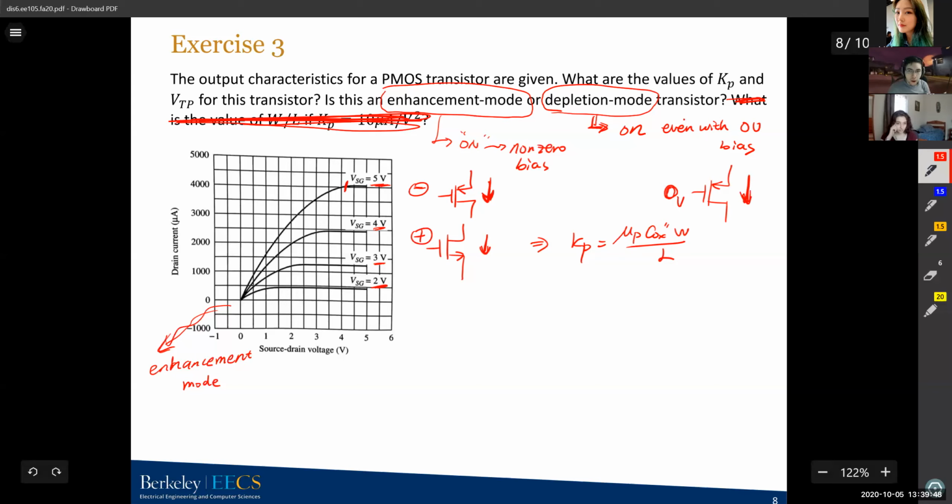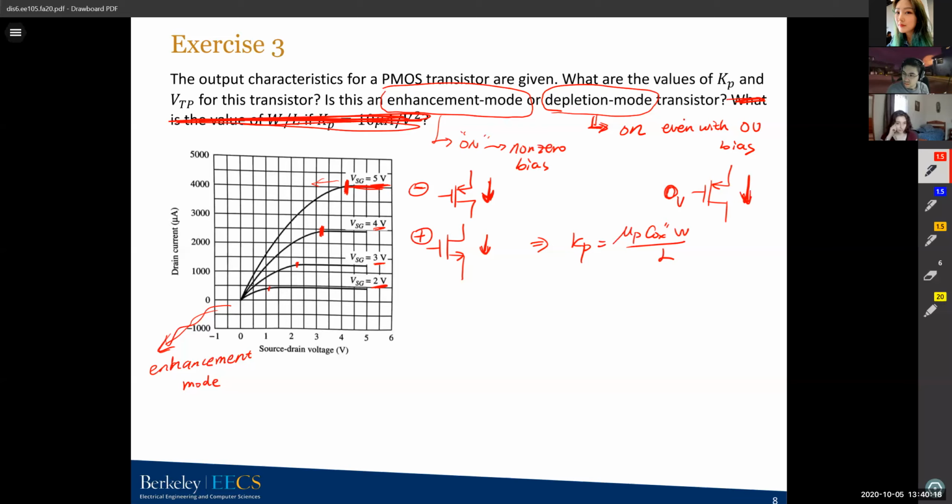Starting from the left of this point, this device is in the linear regime, and it starts to saturate to the right of this voltage. So I would say this is the point where the transition from linear to saturation occurs, and the same for this point.